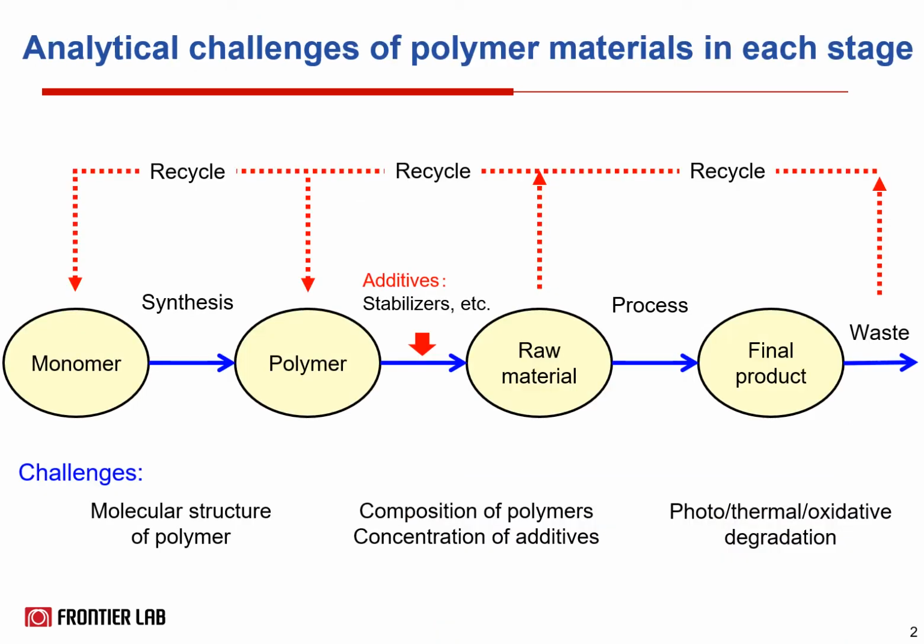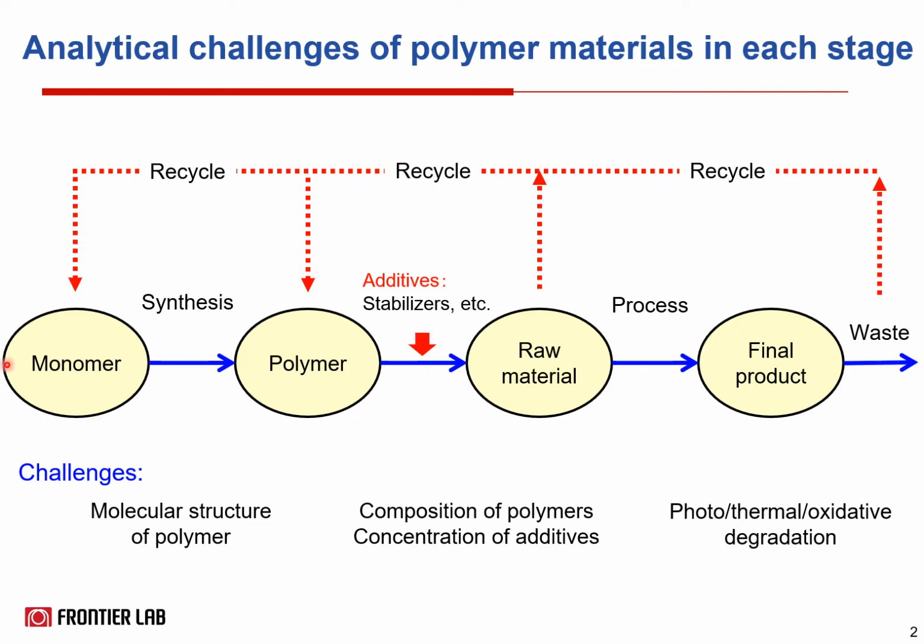Today, polymer materials are used everywhere, but they go through various processes before they become final products. This chart is a summary of the relationship between the production process and analytical challenges at each stage.